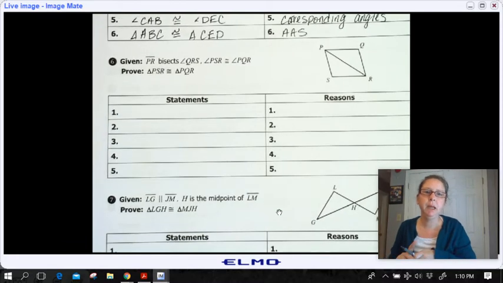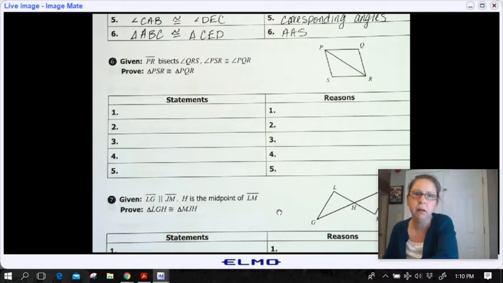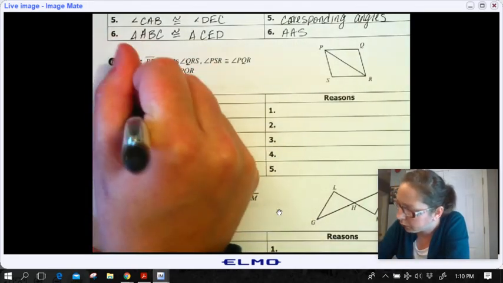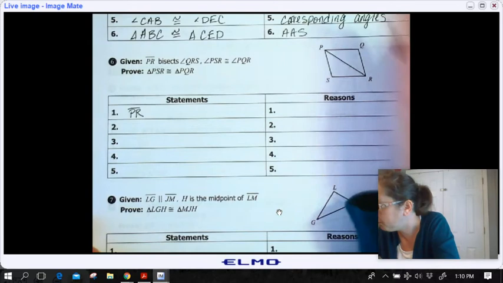All right. So PR bisects angle QRS. So PR is a bisector.